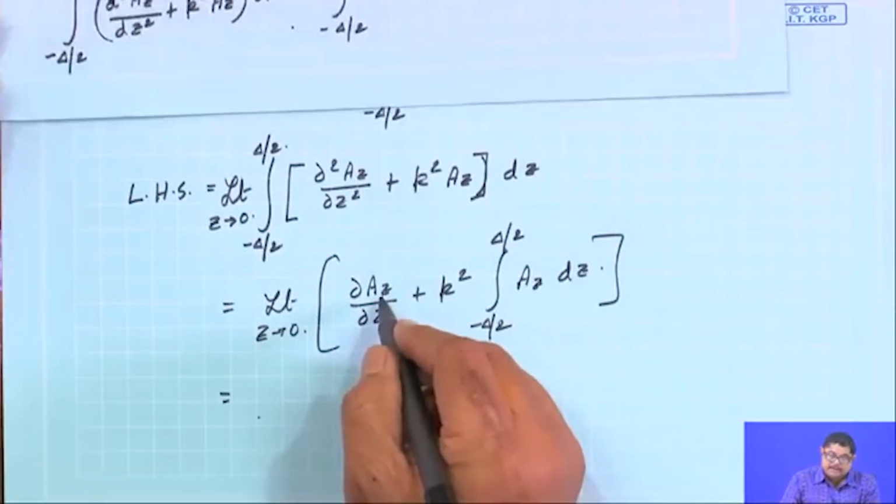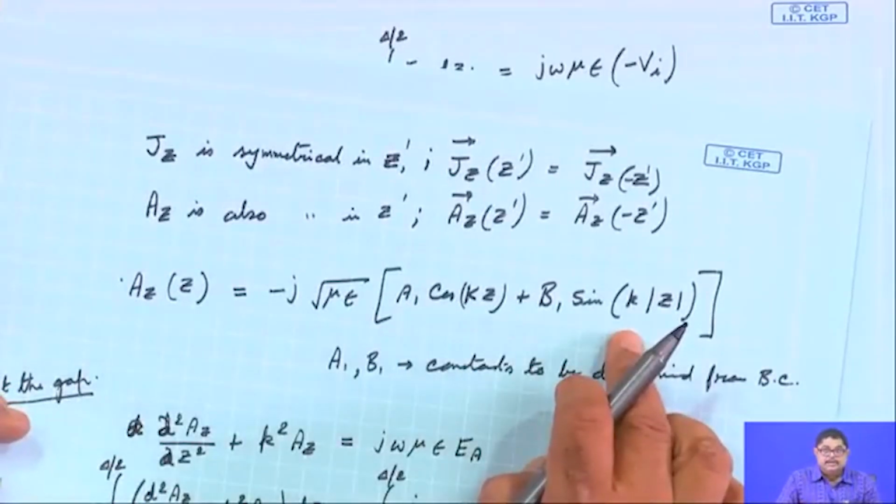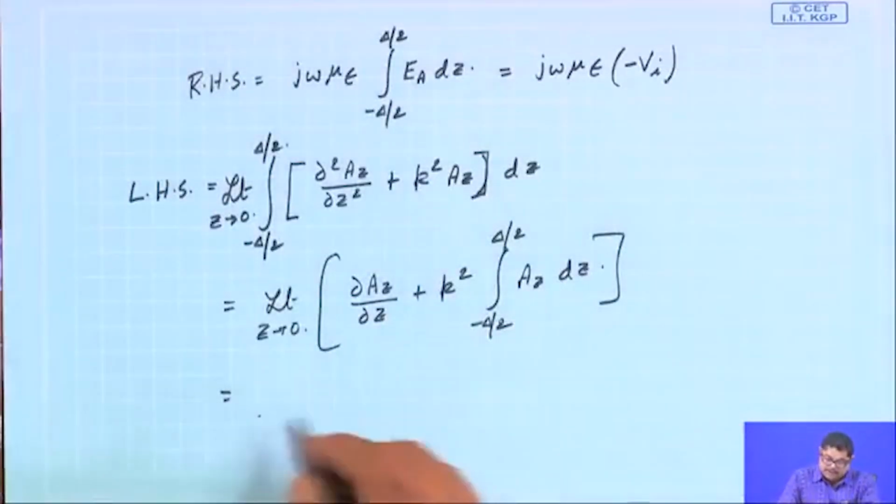Now, I have the expression for Az. So, del Az you can put, and also this one you can integrate.